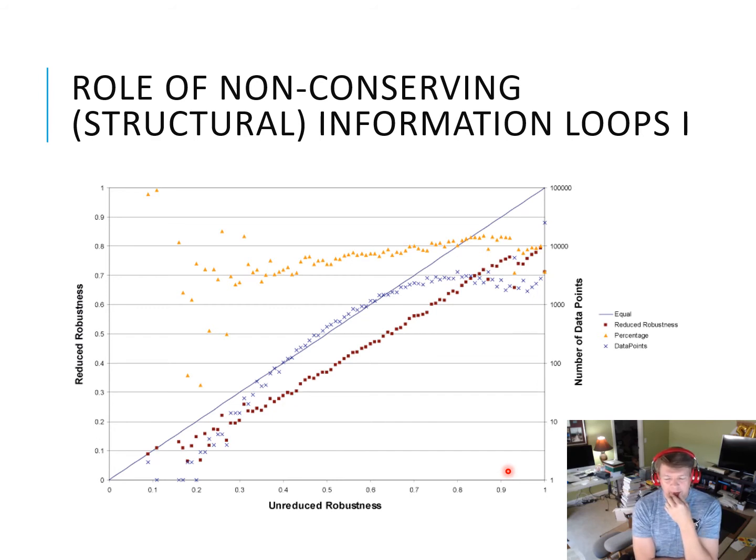Robustness in the Boolean networks we're looking at here refers to this: if I take any given state in the state space and change one of the node states, I flip it, and then evolve the system forward from there and see whether it stays in the same attractor.